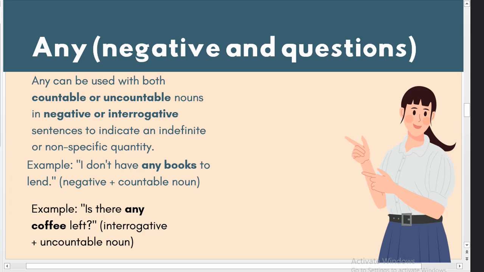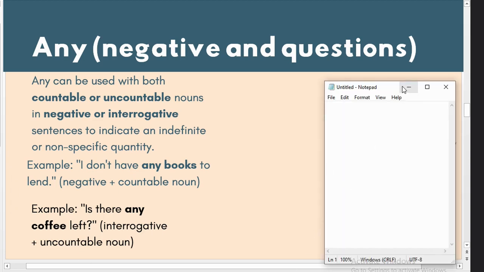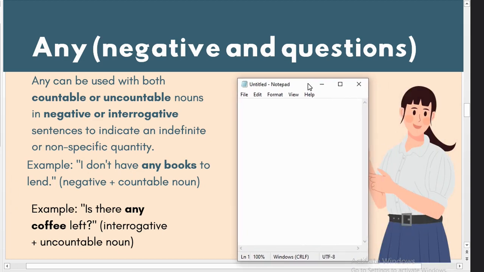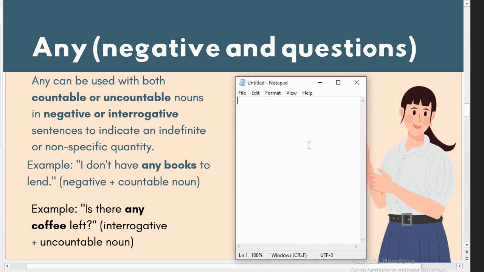Next one is any. Negative and questions. Any can be used with both countable or uncountable nouns in negative or interrogative sentences to indicate an indefinite or non-specific quantity. Any can be used if we don't have any kind of specific quantity. I don't have any book to lend. This is negative plus countable noun.